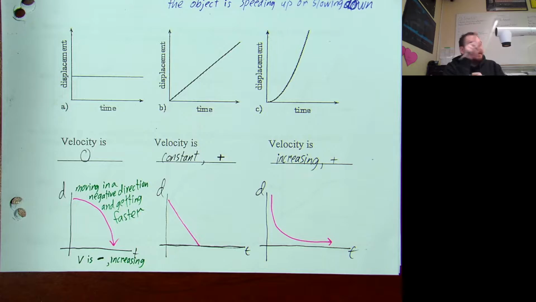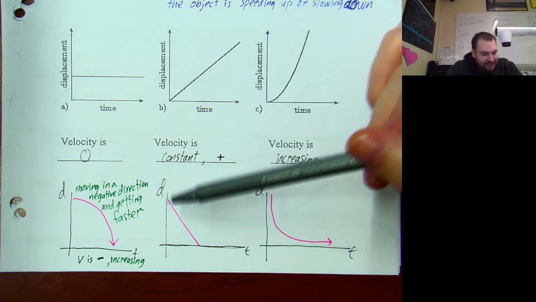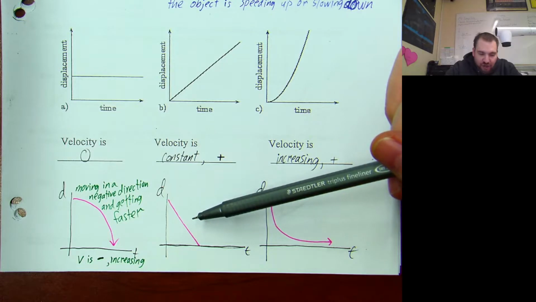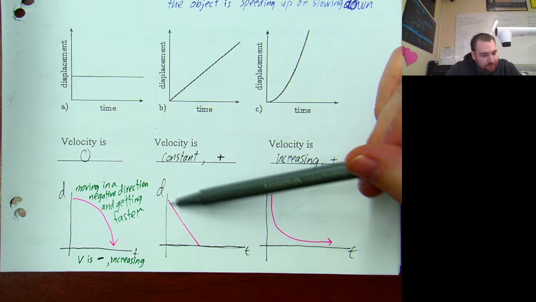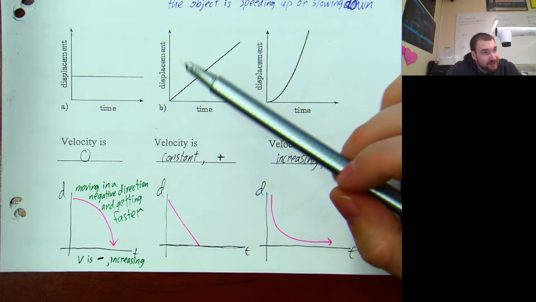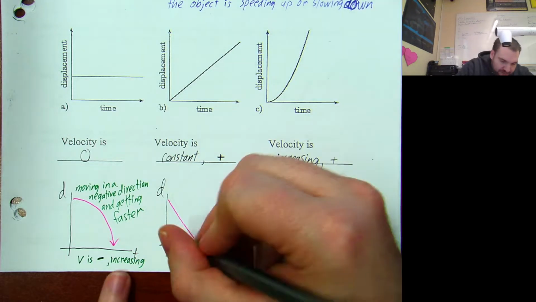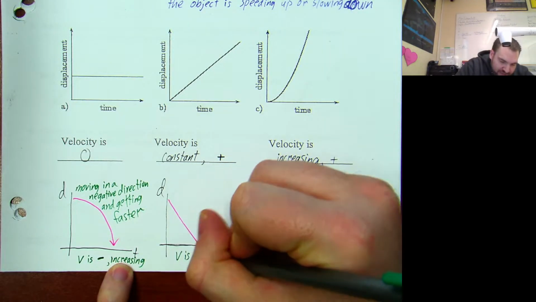We still have a couple minutes until the first floor gets back, so let's keep going. What's happening here? Talk to me about this graph. Sure, Connor, go again. The line is staying steady, so the slope is steady. Slope is constant. Does that tell you about the velocity? Velocity is staying the same. Correct. Velocity, V, is constant.